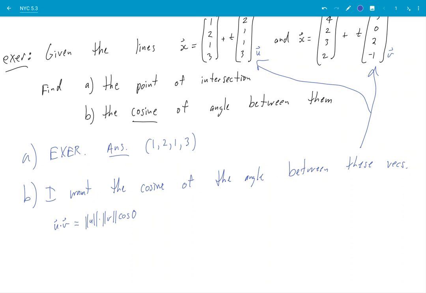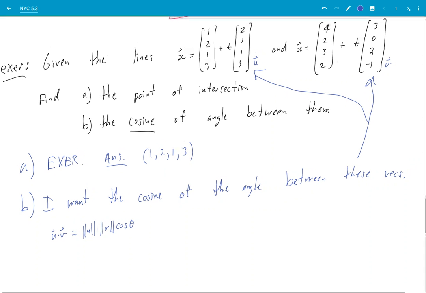So again, you have angle between two 4-dimensional vectors. I don't know what that is. It's a fuzzy concept, but we can still find the cosine. Where was I? U dot V. Well, I can find U dot V just by looking at U and V. What do I get?